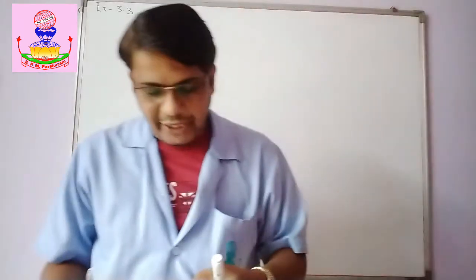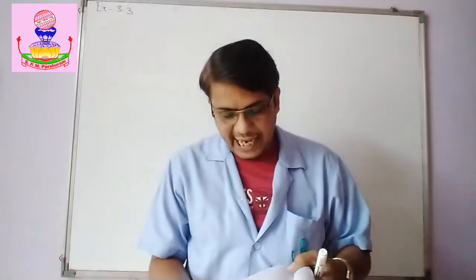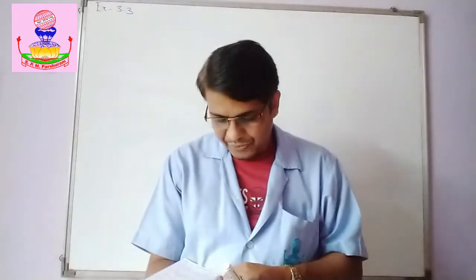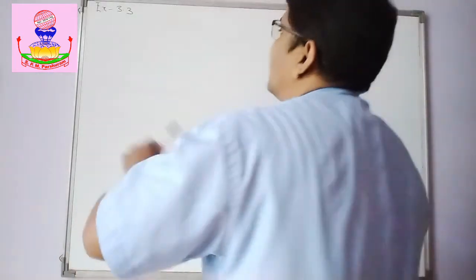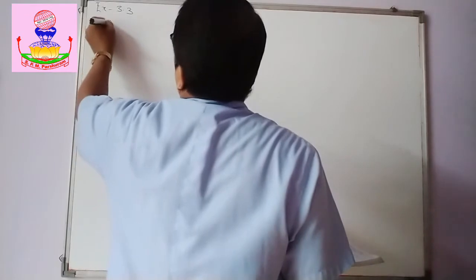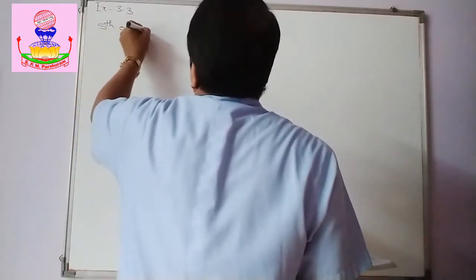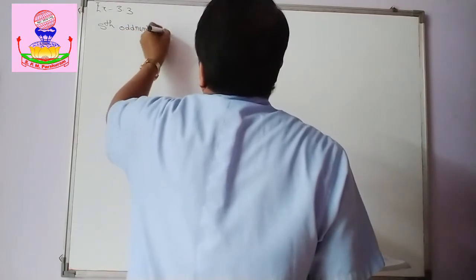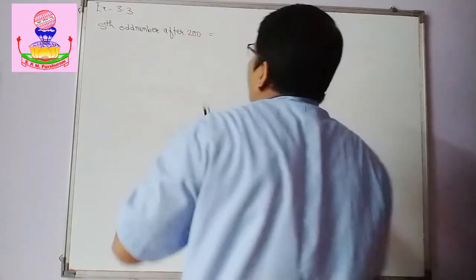So seventh one. What is the total of fifth odd number, sixth even number and eighth odd number after 200? Okay. So fifth odd number after 200. Now, so first we want to find which is the fifth odd number after 200.